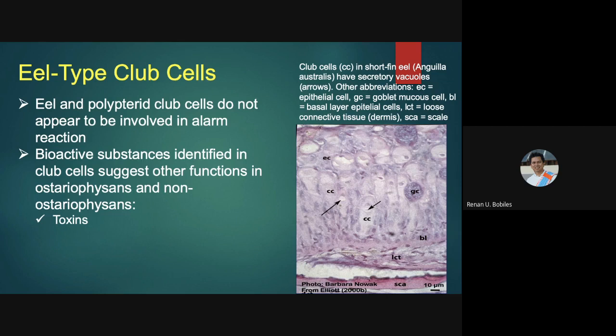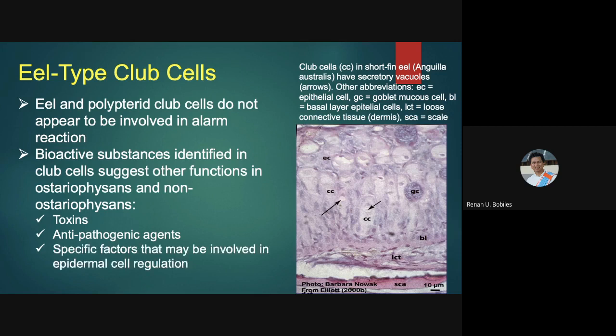Toxin. Antipathogenic agent. Okay? Antipathogenic agent. Specific factors that may be involved in epidermal cell regulation.